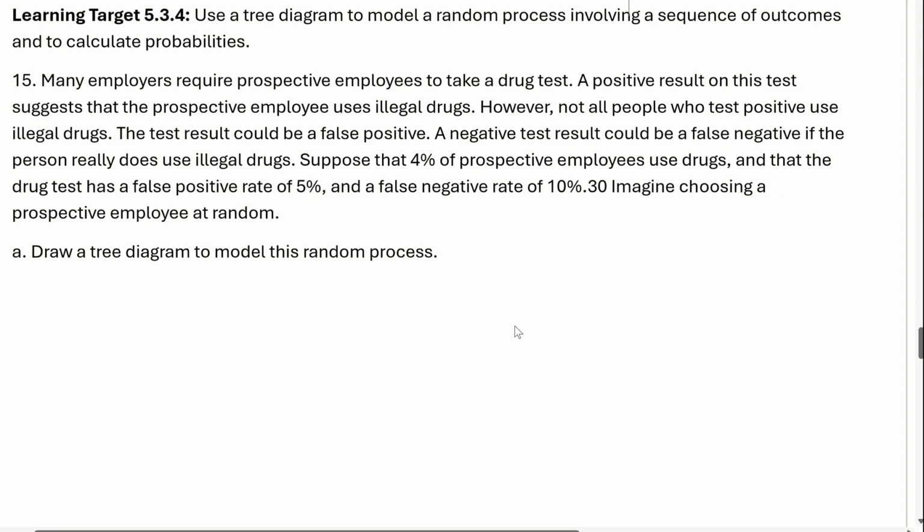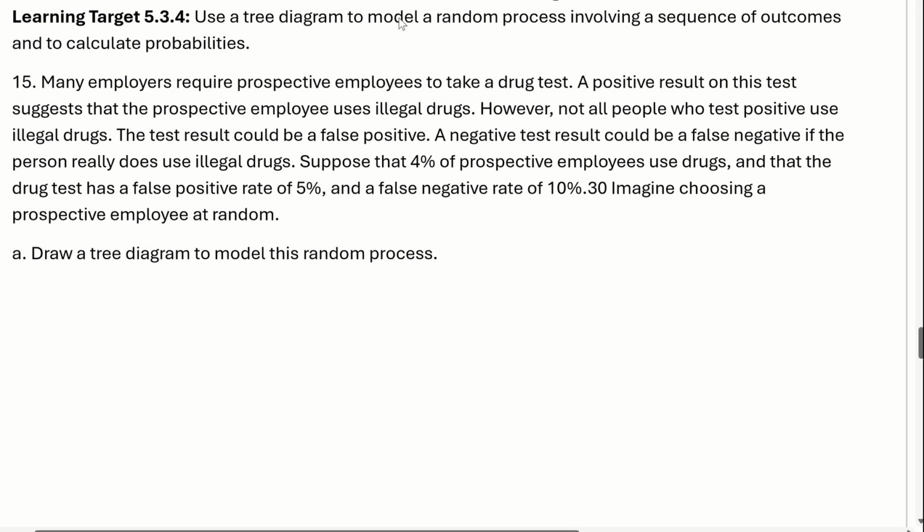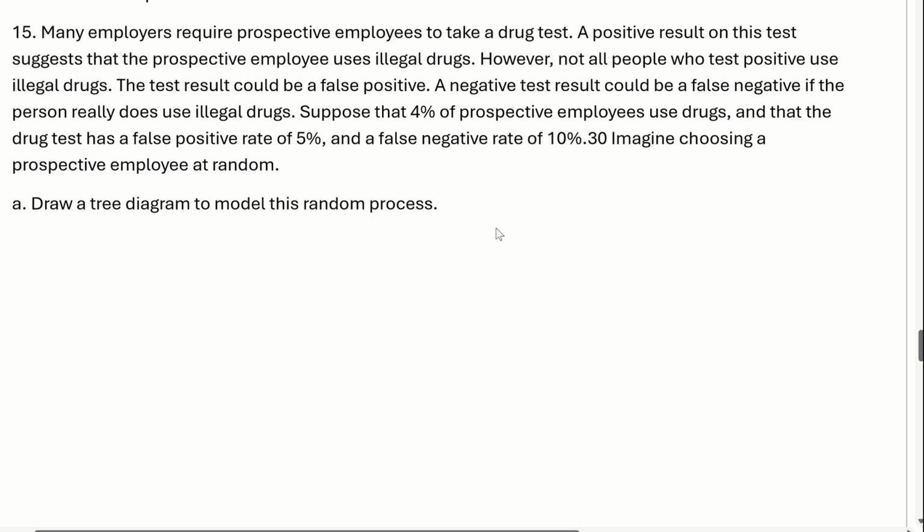So let's look at number 15. Use a tree diagram to model a random process. Many employers require prospective employees to take a drug test. A positive result on this test suggests that the prospective employee uses illegal drugs. However, not all people who test positive use illegal drugs. The test result could be a false positive. So even if you didn't take the drugs, you could still test positive, but it would be a false positive.